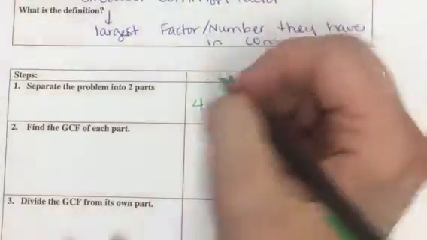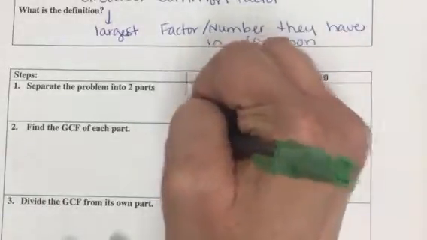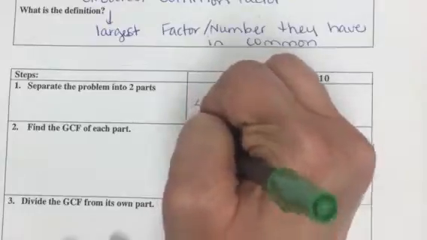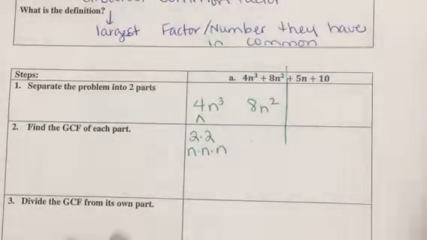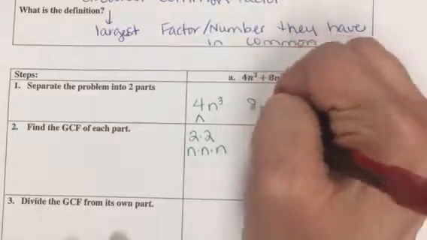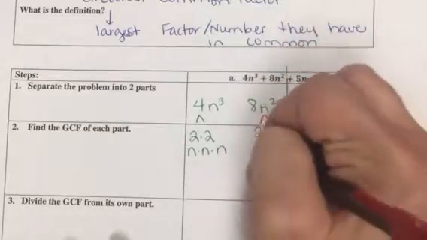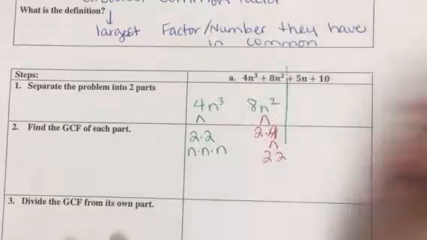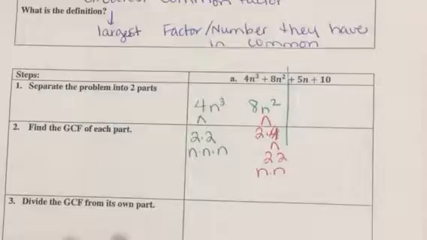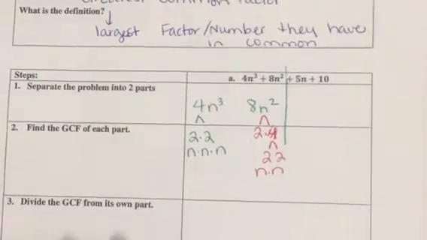So let's go ahead and break down the 4. 4 is 2 times 2. N cubed is the same thing as n times n times n. All right, let's go ahead and factor out the 8 now. 8 breaks up into 2 times 4, and the 4 breaks up into 2 times 2. I've used the 4 so I can cross it out. This is n times n. Now, let's go ahead and see what do they have in common.